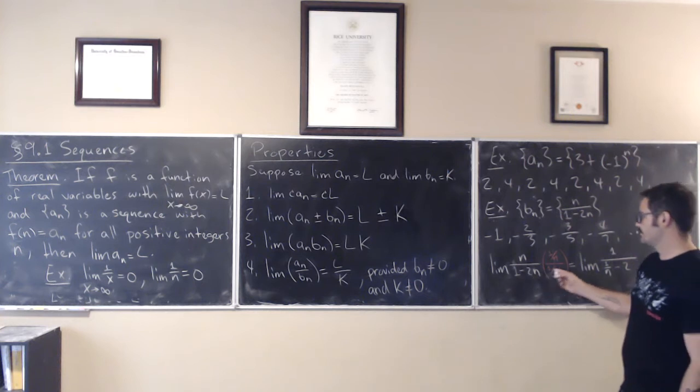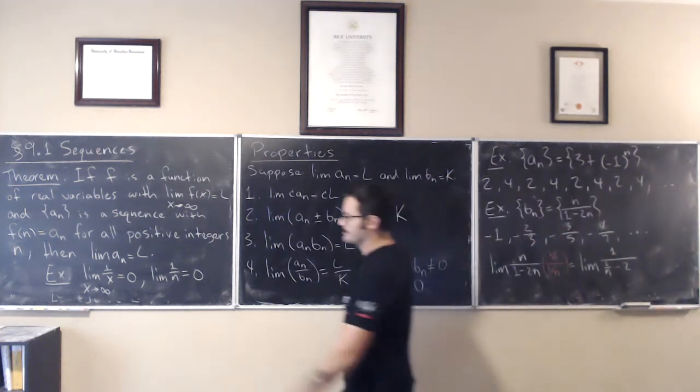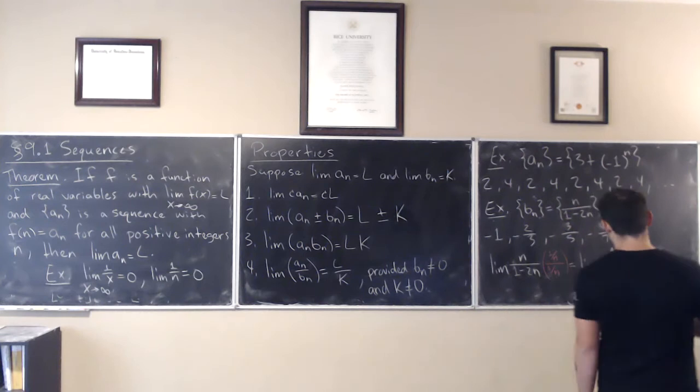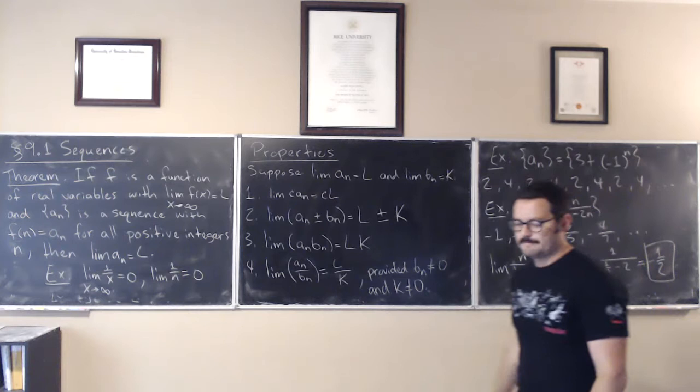Right? And we know that the limit of 1 over n goes to 0 because we know that 1 over x goes to 0 for real values. And this becomes negative 1/2. So it does converge. Okay.